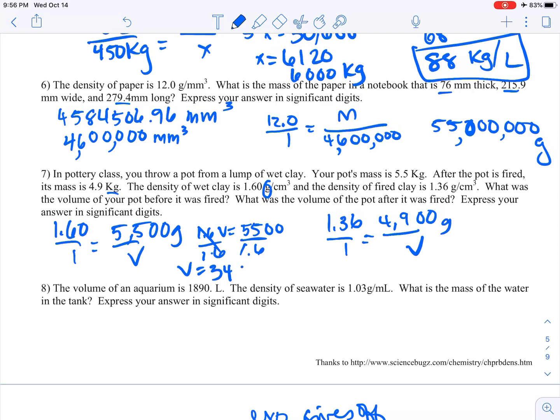So 3400. And that is cubic centimeters. So this is going to be 1.36 V equals 4,900. 4,900 divided by 1.36. And again, we want 2 sig figs, 3600.